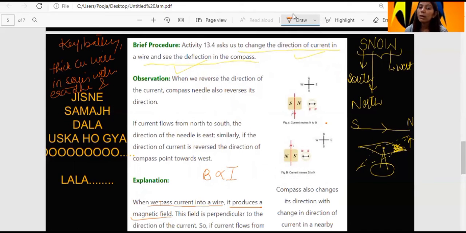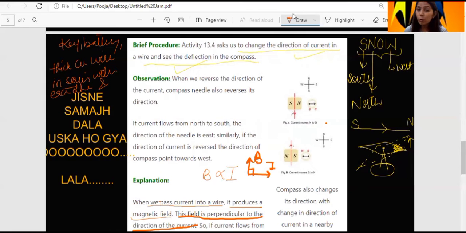This field is perpendicular to the direction of current. So they are telling that current and magnetic field are always perpendicular to each other.